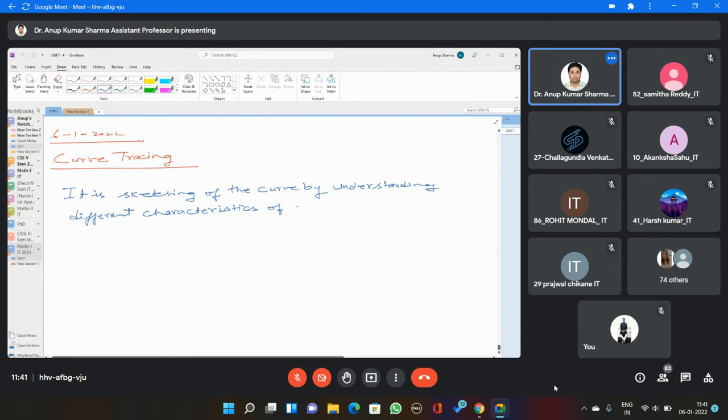First, the Cartesian curve: this is a function of x and y. Second one, parametric.